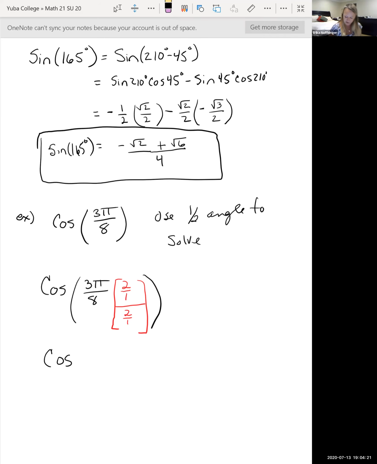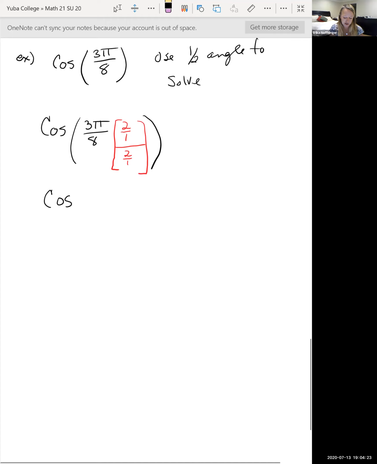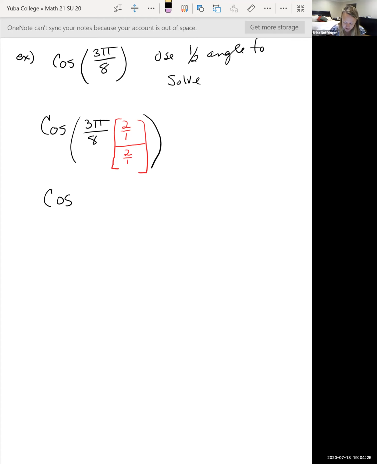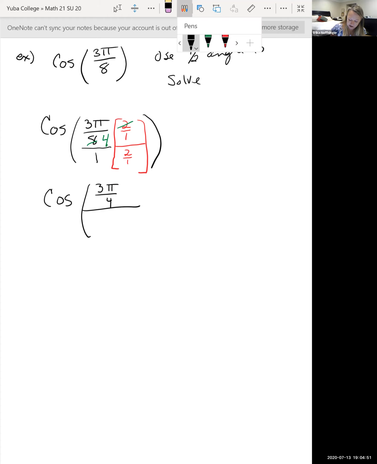But notice when we do that, notice this 2, because we can think of that as over 1. Notice this 2 and this 8, they simplify. And so 2 goes into 8 4 times. So now this has just made that numerator an angle I know for cosine, because now I have this as 3 pi 4ths all divided by that denominator, which is just 2.